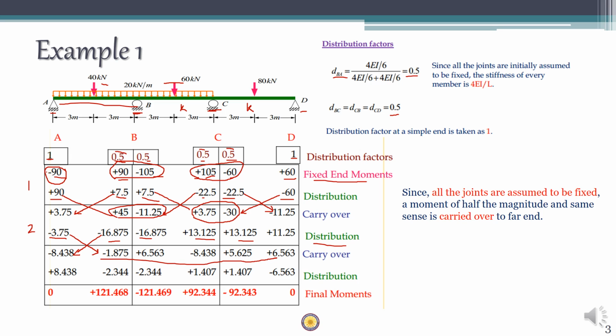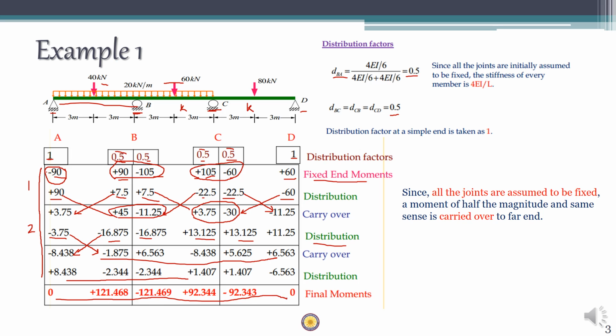Again, do the distribution. You will get these values. Once you get all these values, the final step is to sum up all the values in a given column. So you have to sum the column from here to here so as to get the final support moments.